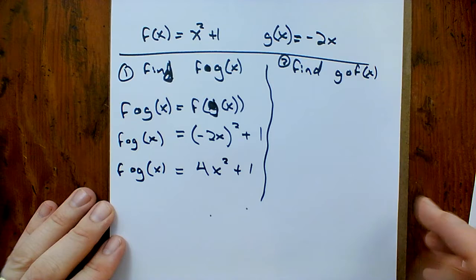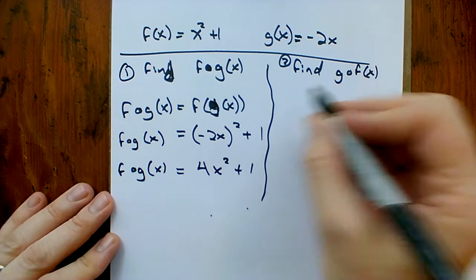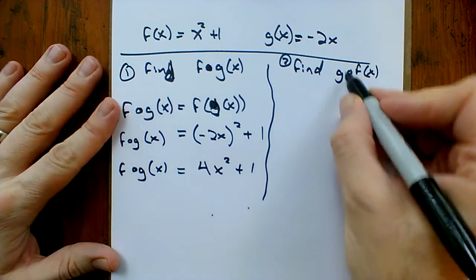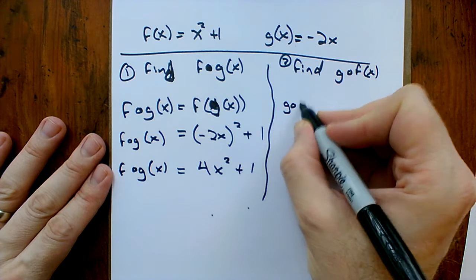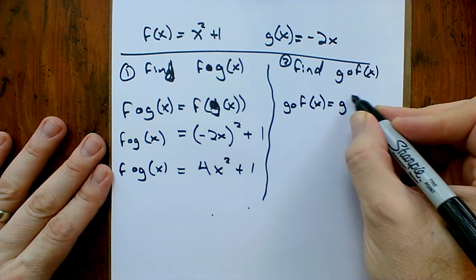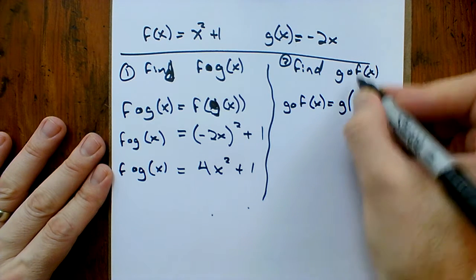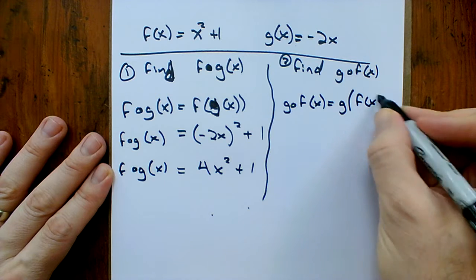So far, so good. Well, let's see what happens when I find g of f of x. Same sort of idea. When we say g of f of x, that means I'm going to take my g function, and instead of x, I'm going to put in my expression for f of x.